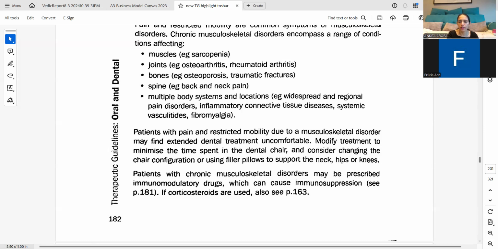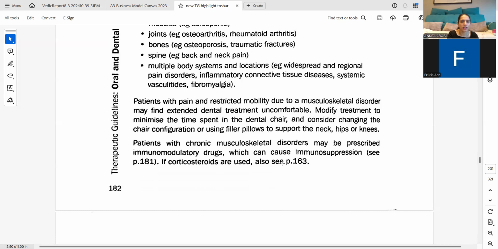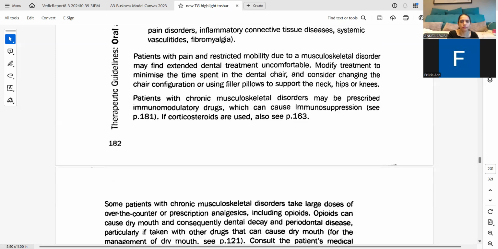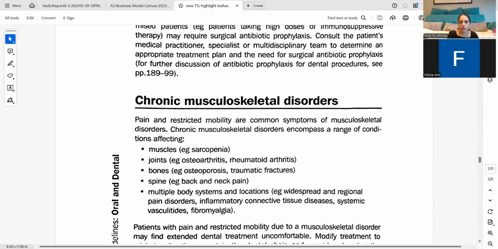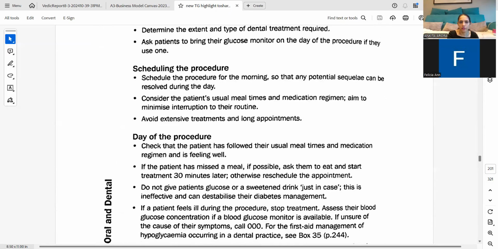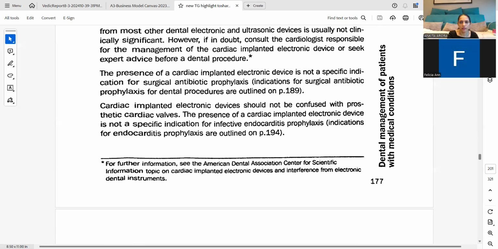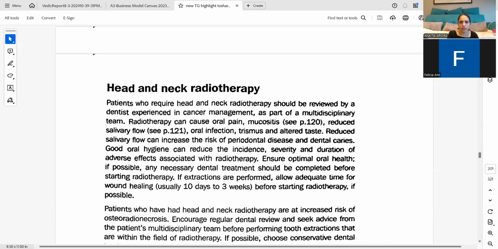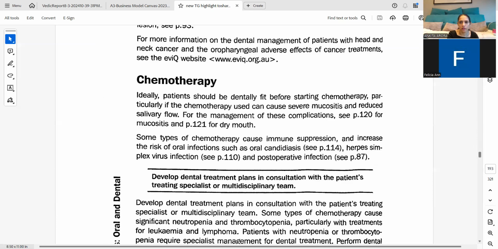And if corticosteroids are used, we have seen in the beginning of the chapter regarding modifying the dental treatment that topping up of the dose may be needed if the patient is on long-term corticosteroids, which was more than 21 days, right? What was the dose?